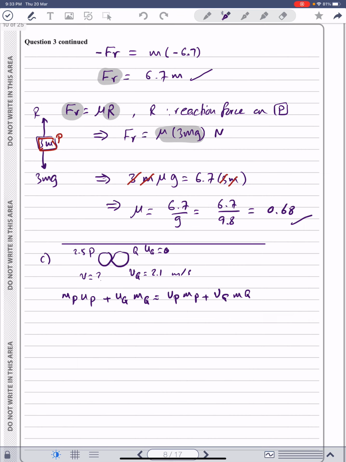Memorize it, but here it will be step 2, which is the most important. Show, even if you know, show the direction. And every speed now will be set in this direction. This is the positive direction. Then we will discuss V at the end. So M of P is 3M, U of P is 2.5, plus U of Q, which is 0, equals V of P that he wants. Write it V now. M of P is 3M.